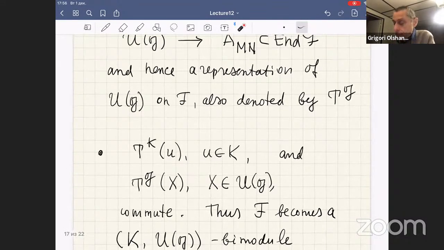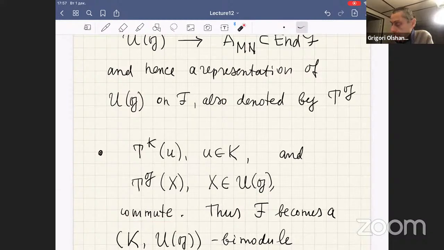And the claim, it's still imprecise because I did not define anything, but I only continue to explain the general scheme. So the claim is that the operators which come from the compact group and the operators which come from the Lie algebra, or equivalently from the universal enveloping algebra, commute.